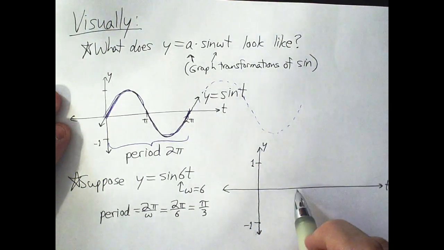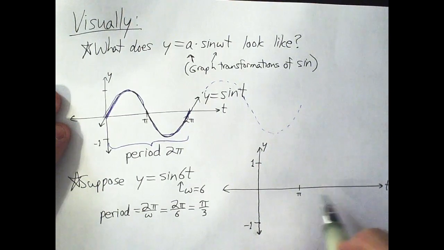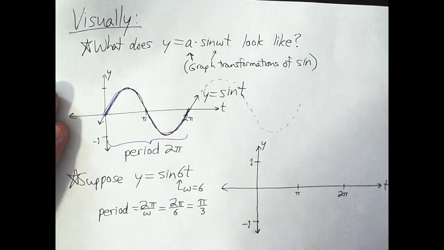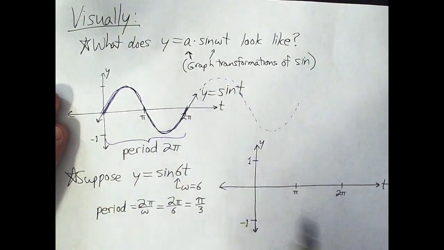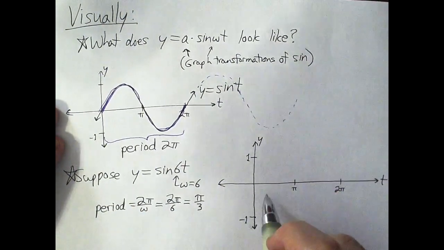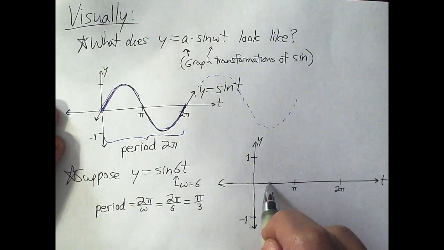So I guess that would mean that pi is about here and 2 pi is about here. I didn't actually draw the curve yet, but we set up the y-axis and t-axis. Where's pi over 3? Pi over 3, we'll say, is about here.